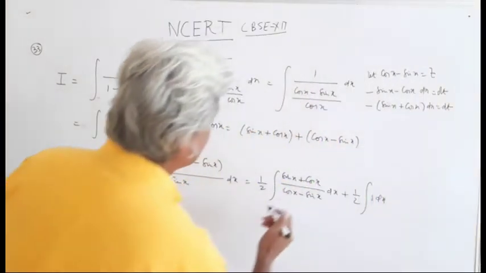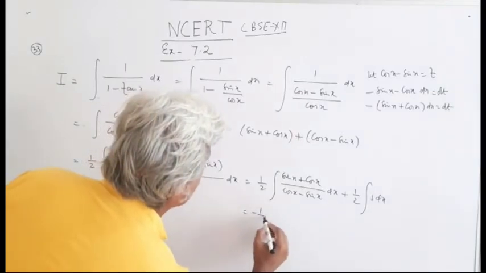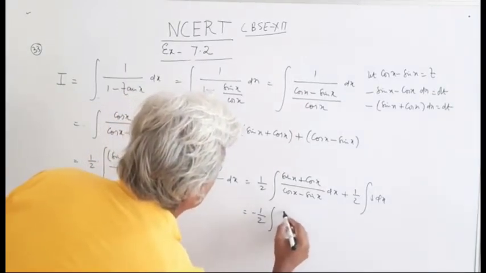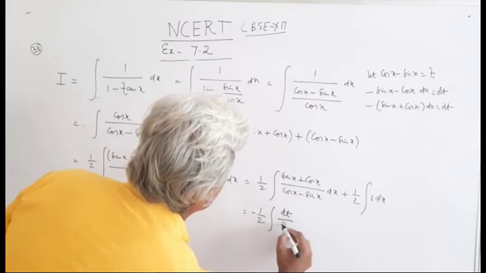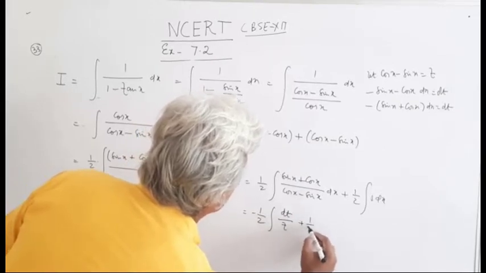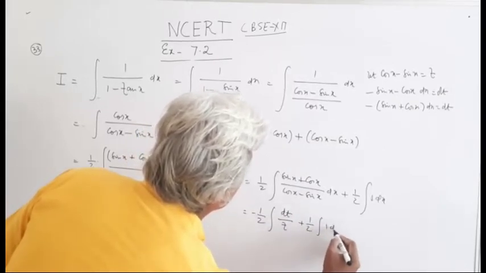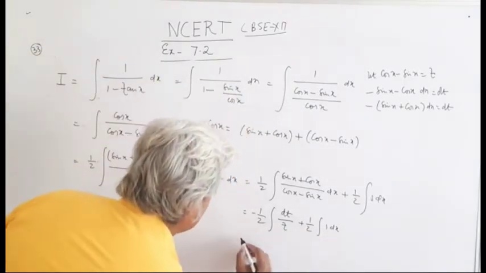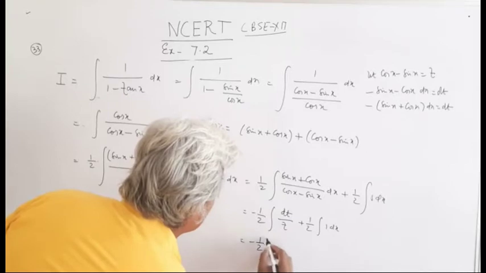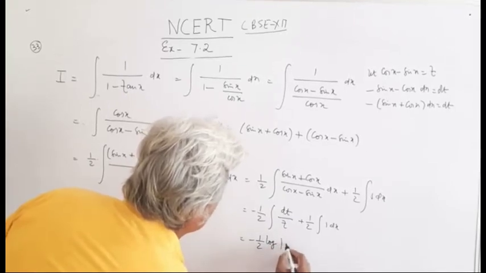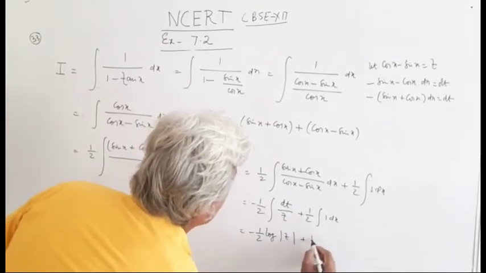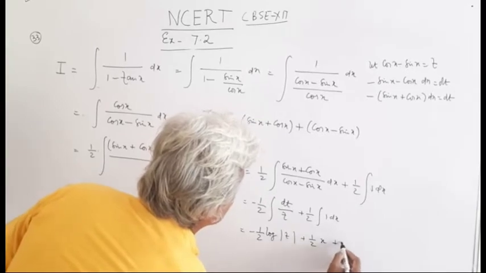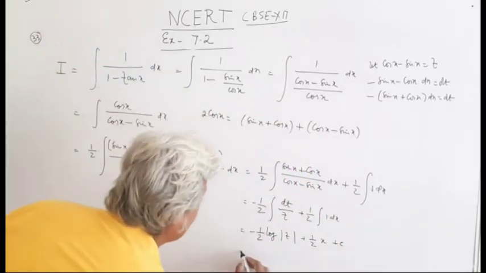So this becomes minus 1 by 2 dt over t plus 1 by 2 integration of 1 dx. This becomes minus 1 by 2 log mod t plus half x plus c. Now replace the value of t.